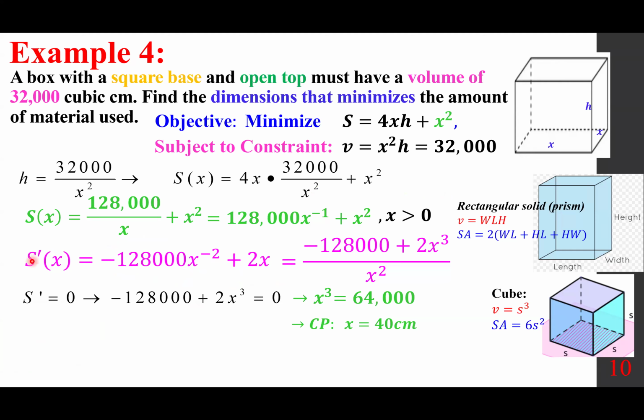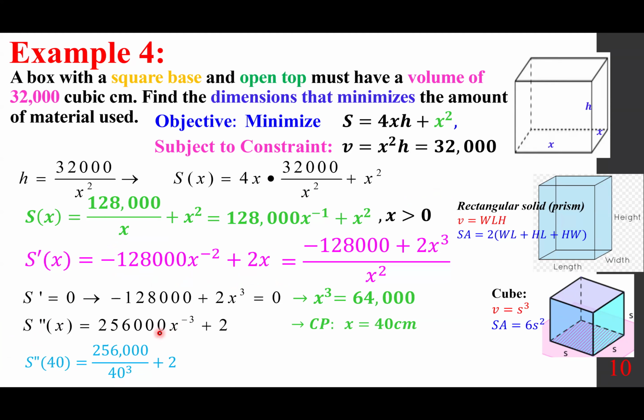So we are going to differentiate this one again. The product of two negatives is positive 256,000 x to the power minus 3, plus 2. So that's s double prime. Plug in 40: 256,000 divided by 40 cubed.